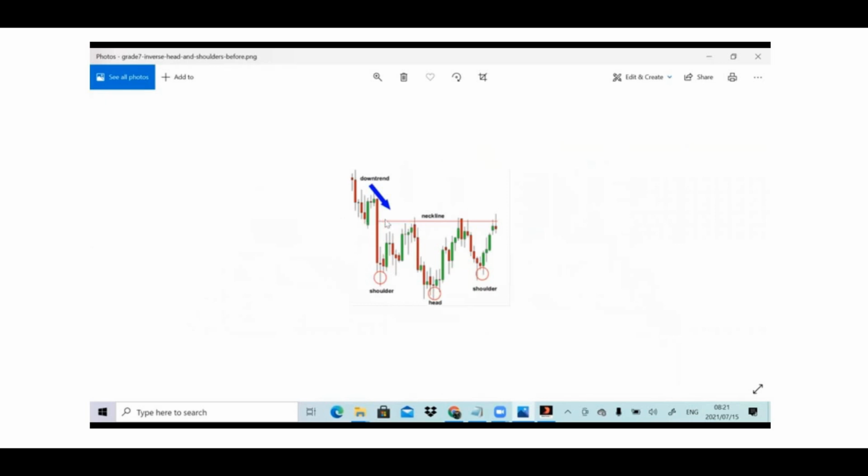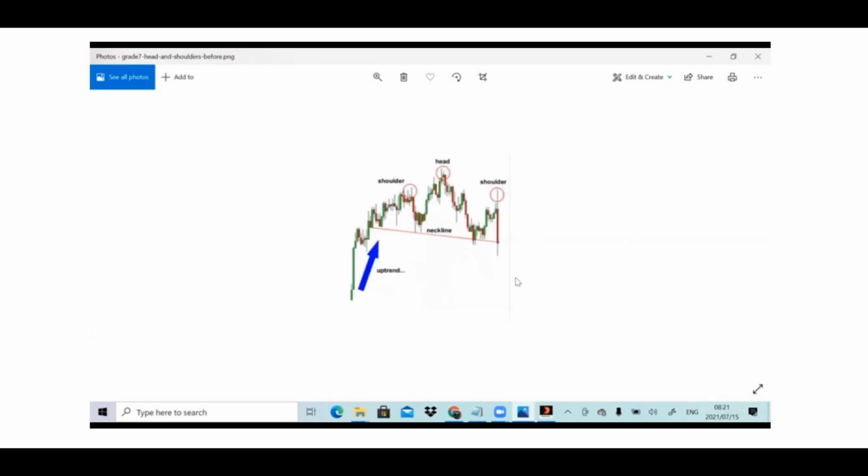Now this is symmetrical. Your neckline is also your resistance point. Hit right armpit and the neckline complements the resistance point. Here the neckline, it's at an angle, left armpit.